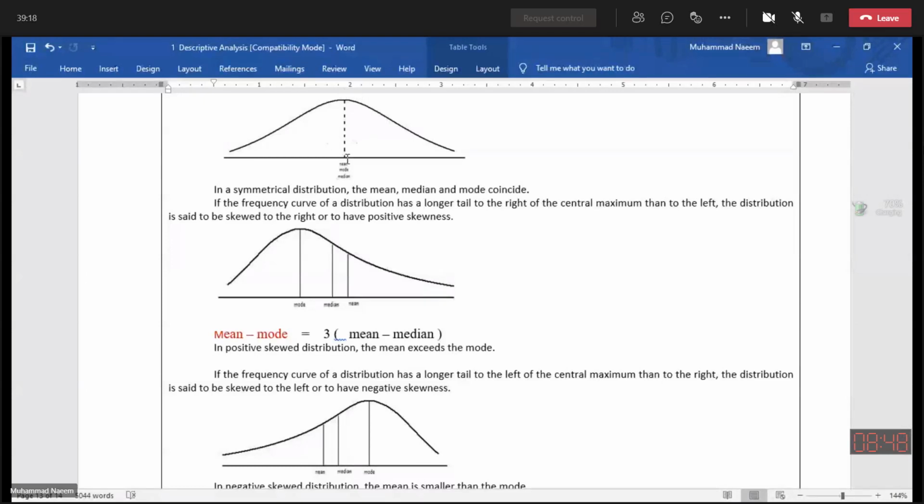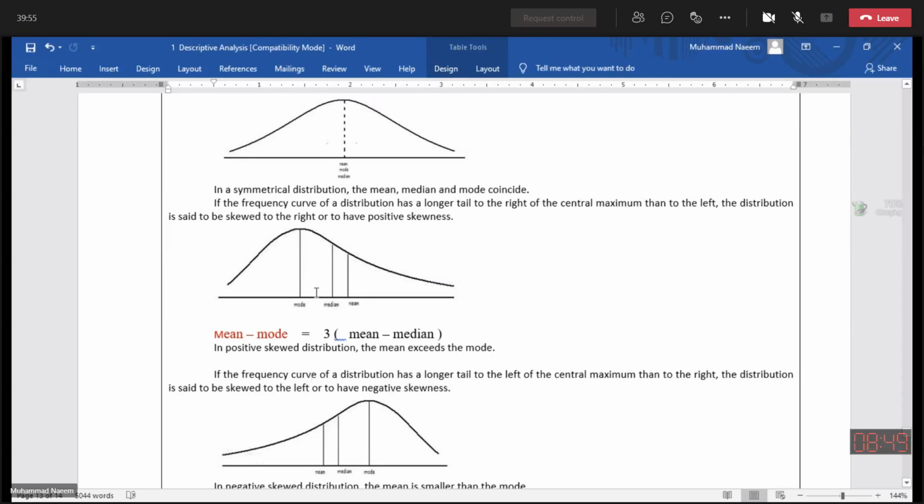Okay, when things are not symmetrical, they are skewed. Skewness is the opposite word of symmetry. When the distribution is not symmetrical, it will be skewed. Maybe skewed to the right, this is called positively skewed, and maybe the data trend is towards the left side, so this is called negatively skewed.